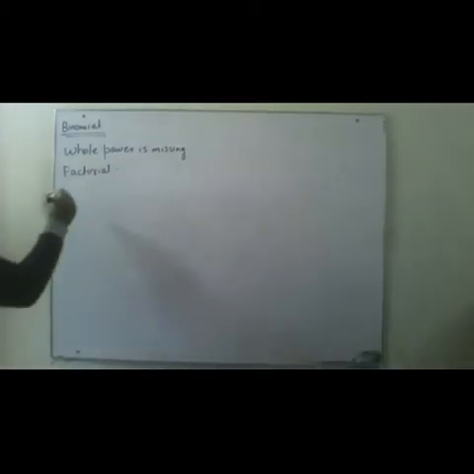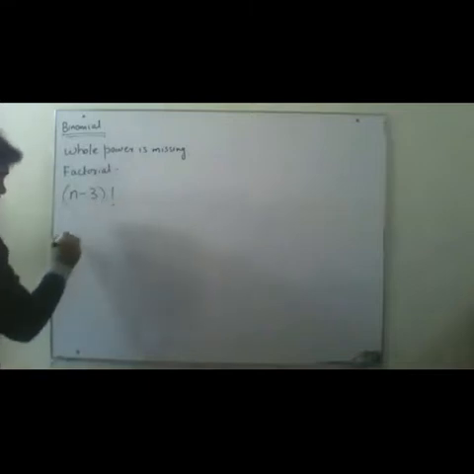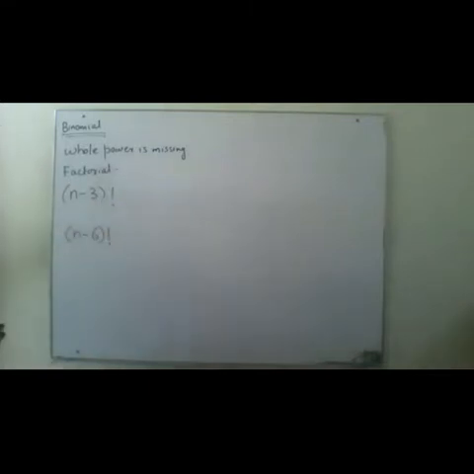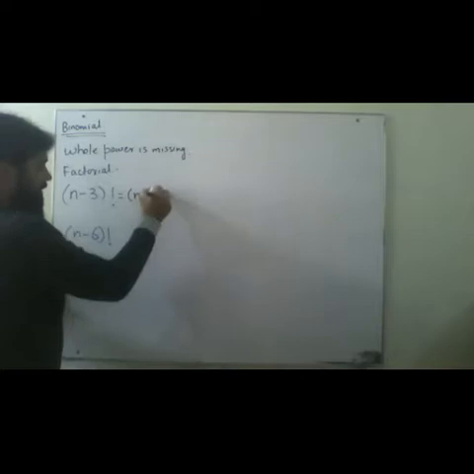Okay. Now, for instance, I'm saying that you have to take a factorial of this one, and you have to take a factorial of this thing. Okay. Now see, what will happen over here? n minus 3.